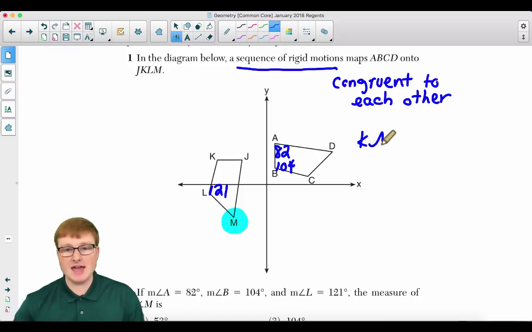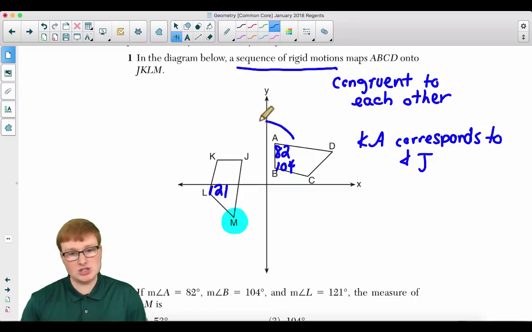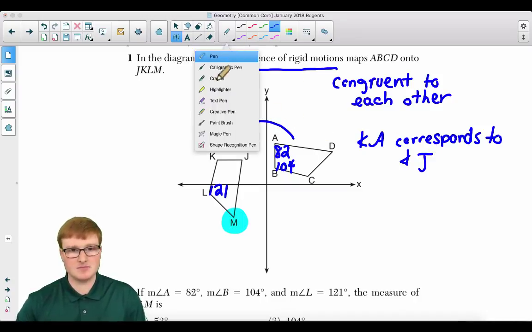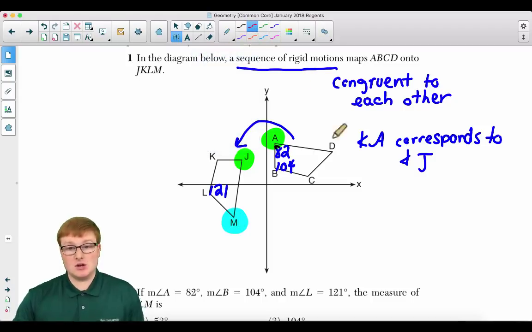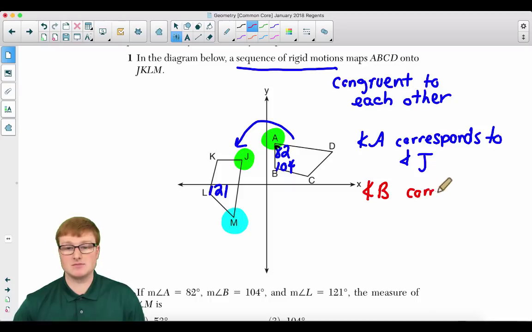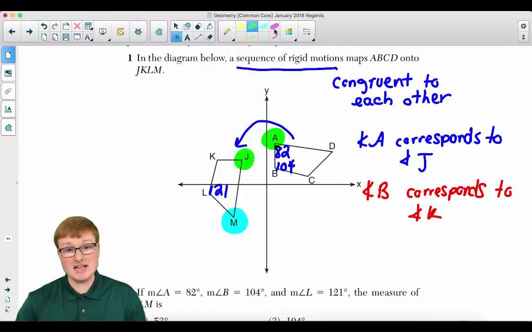Angle A corresponds, meaning it's in the same location, to angle J. If we simply rotate this around, angle A is mapping onto angle J. Those are corresponding to each other. Then if angle A corresponds to angle J, angle B corresponds to angle K. They are equal to each other.